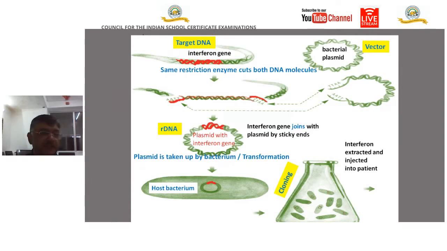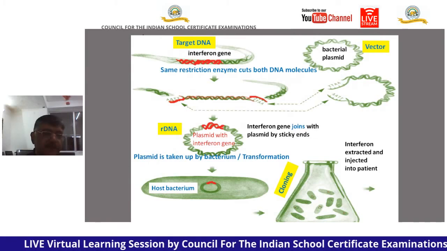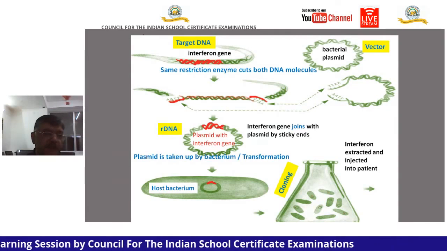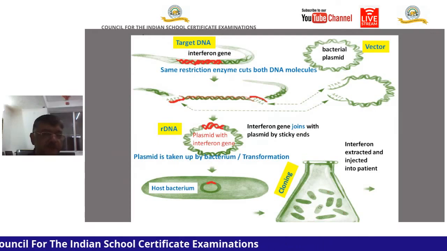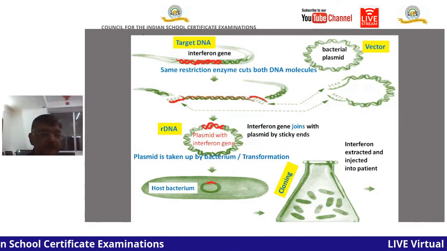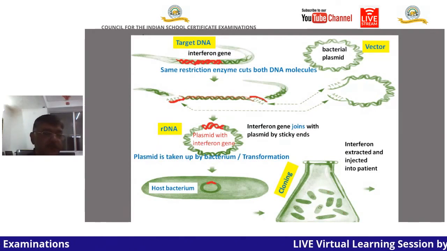That was the secret. So once these two DNA molecules from two different sources are brought together, they hybridize, by forming hydrogen bonds. But because hydrogen bonds are weak, this DNA might detach from here.